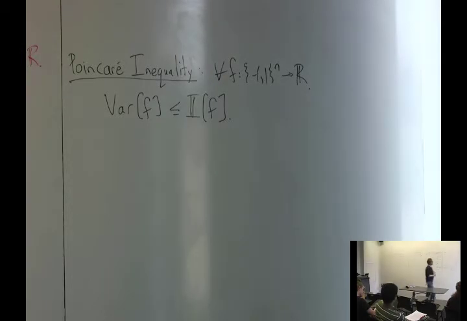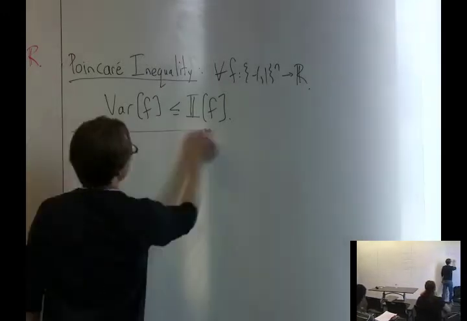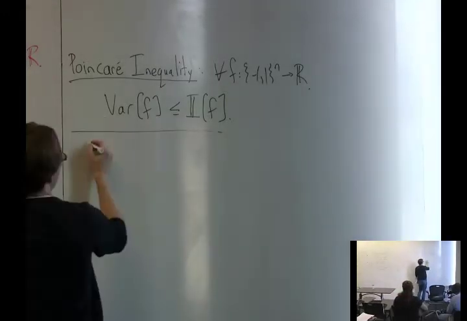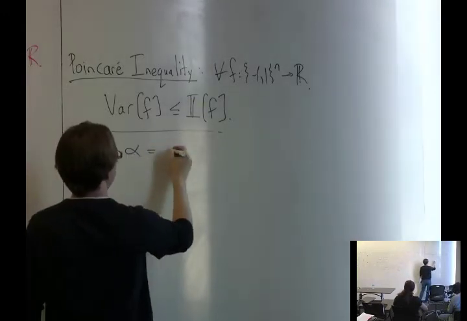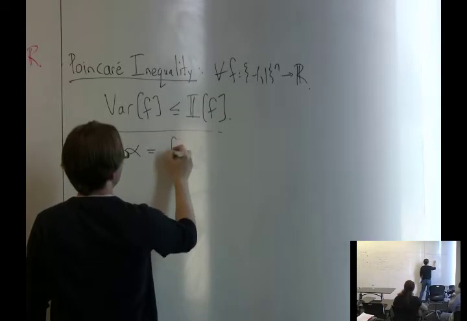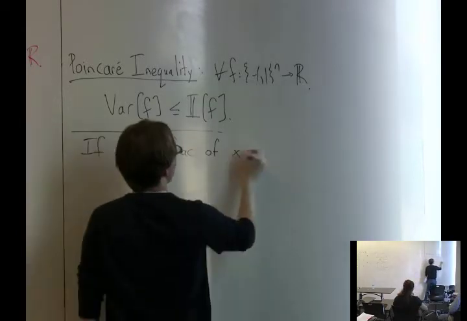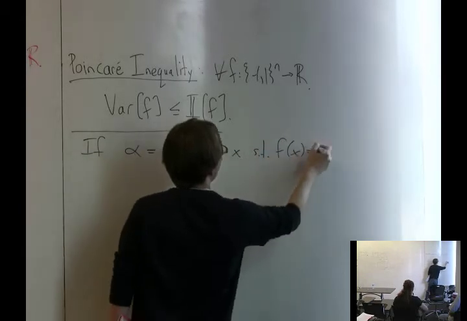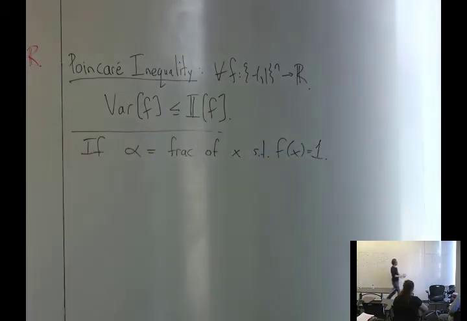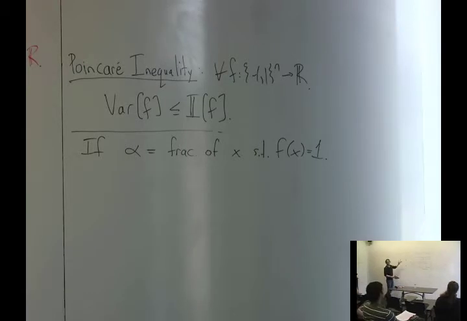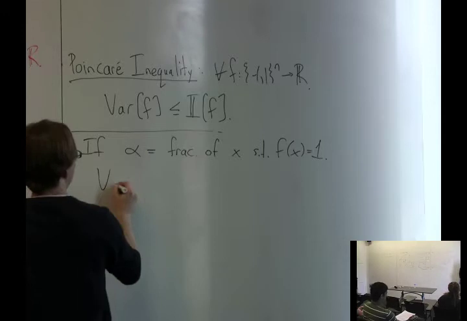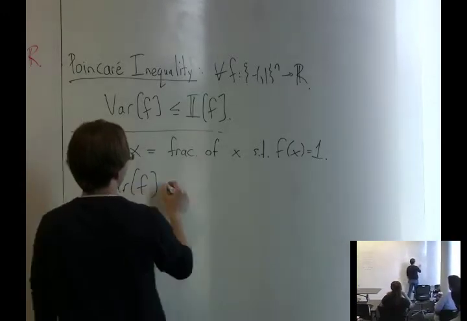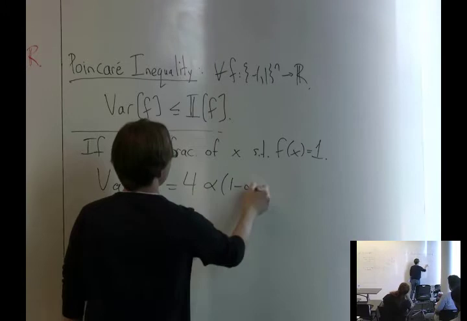And the left-hand side, as we saw earlier, and it's also several times on your homework, if, let's say, alpha is the fraction of points where F is 1, so if we think of the points that have value 1 as being the set that F is indicating, so alpha is kind of like the fractional volume of this set. We know that the variance of F is 4 times alpha 1 minus alpha.